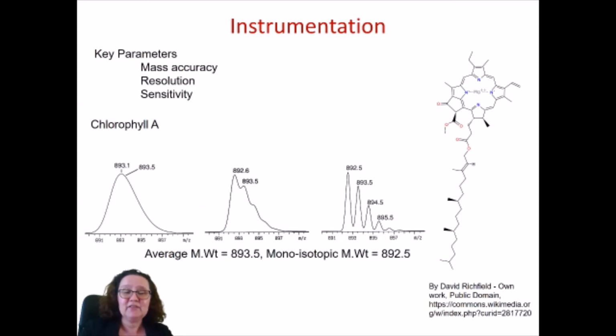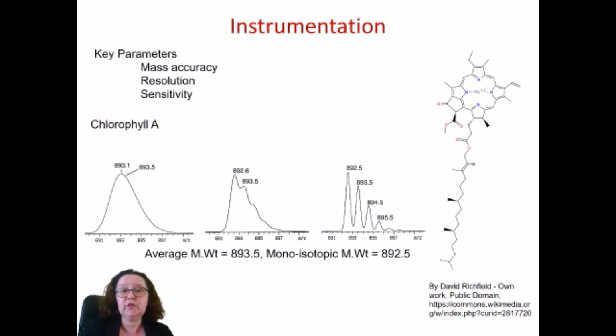So you can identify the different isotopes that make those peaks, and the intensity of the peaks tells you how abundant that particular ion is in your sample.